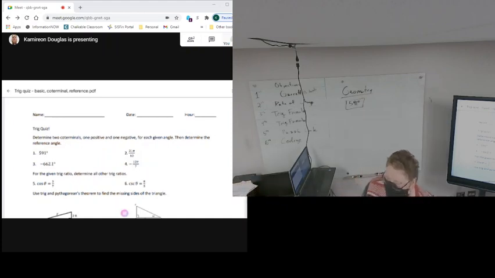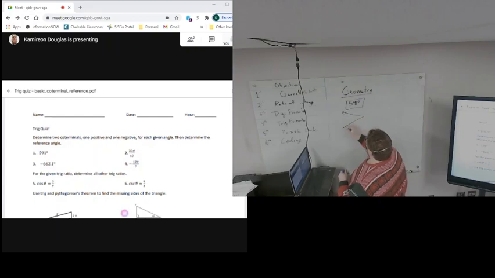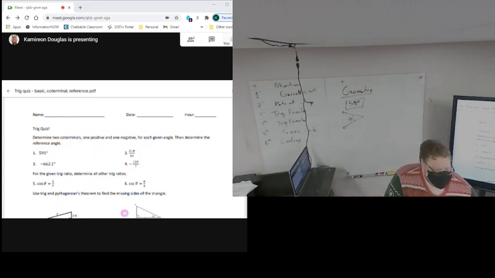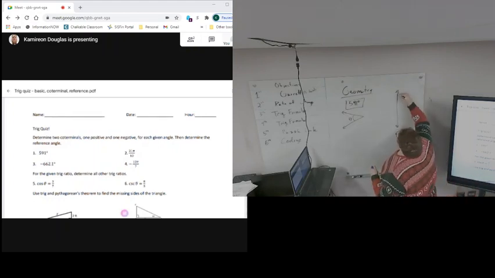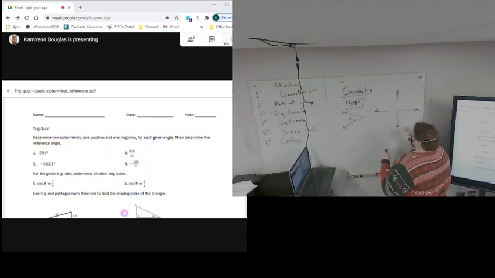Rather than just being the space in between two rays, which is the geometry definition, now we look at an angle as the motion of an angle, the spin of an angle. 591 degrees is instead drawn using the unit circle. We take our standard axis grid.